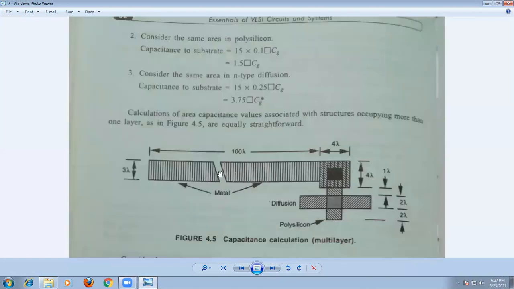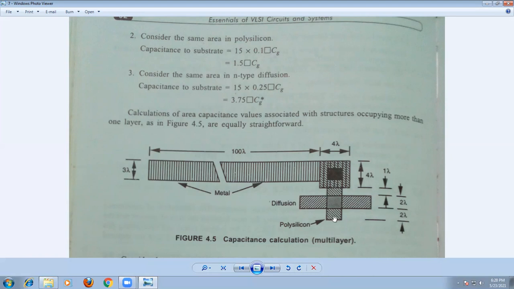Now, assuming the area, calculate the capacitance associated with this layer. This is a multi-layer substructure. This is the metal one, and this is the contact cut, and assume that this is the diffusion, and this is the polysilicon. Polysilicon crosses the diffusion here, so minimum it must be 2 lambda.